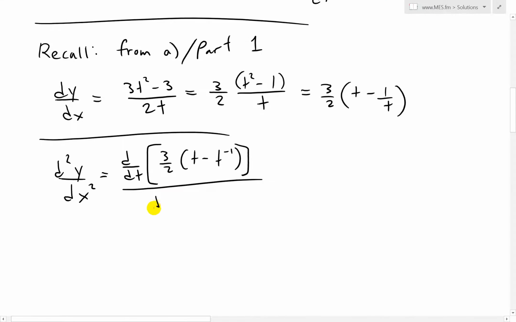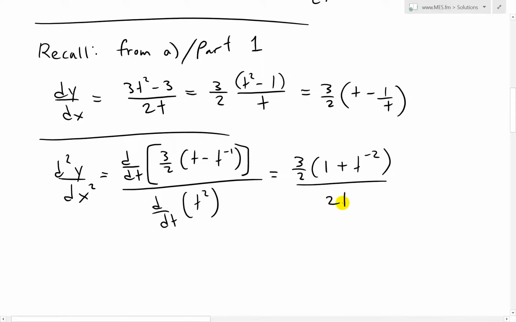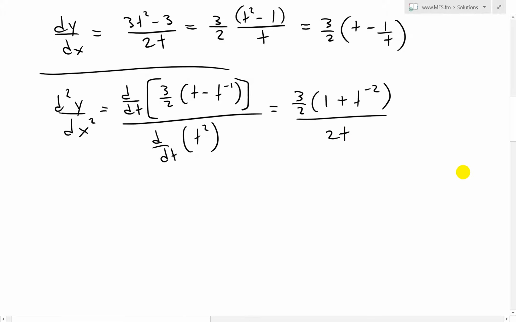So this means we have d over dt of t squared. Now we just take the derivative. The top is going to be 3 over 2 times the derivative of t, which is just 1, and then minus, we bring this negative 1 down, it becomes positive 1, and we subtract the power, so we have t to the negative 2, like that. At the bottom is going to be 2t. And now what we'll do is try to simplify this even further.